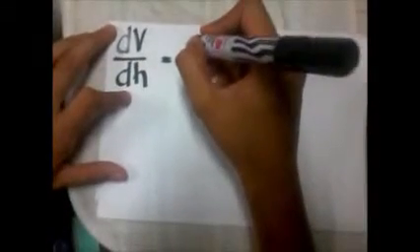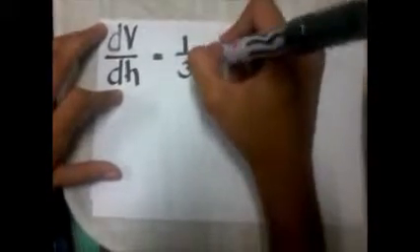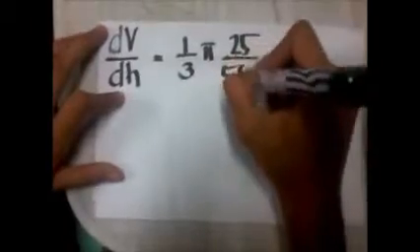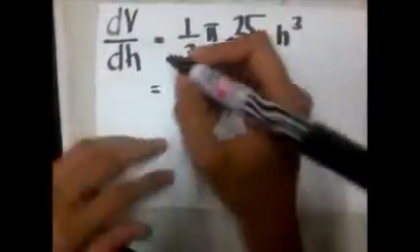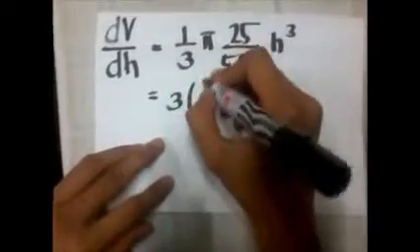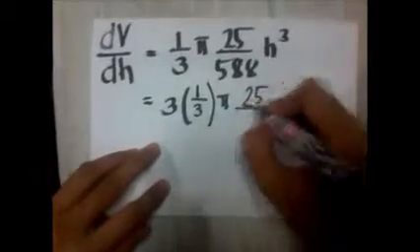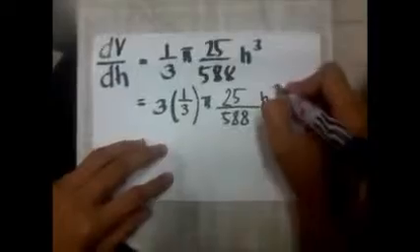So we have dV/dt equal to 1/3 π 25 over 588 h cubed, and differentiating, we have 3 times 1/3 π 25 over 588 h squared.